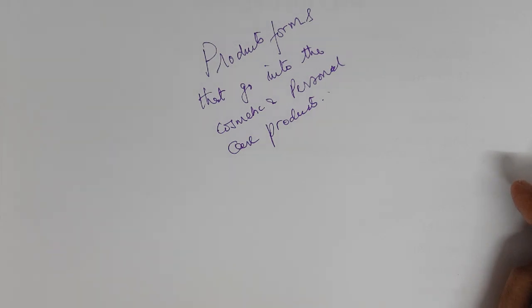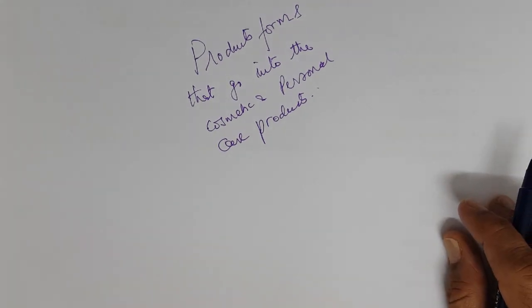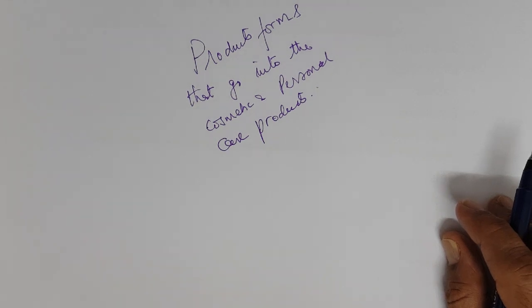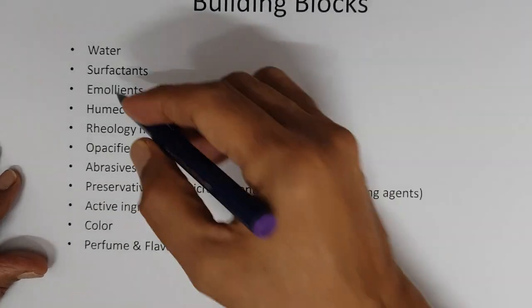The building blocks make the product form. In the next slide I will show you what those building blocks are, the main groups of building blocks, and in subsequent sections we will discuss a little more about those building blocks.